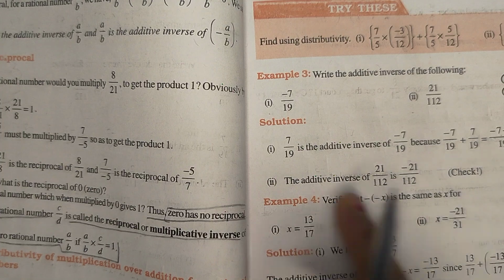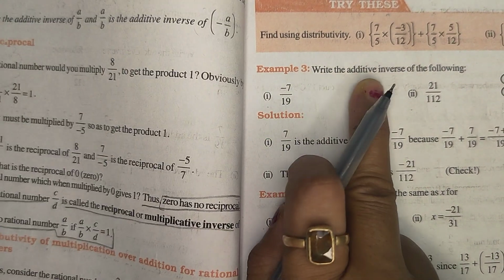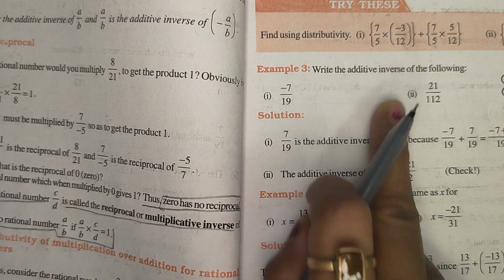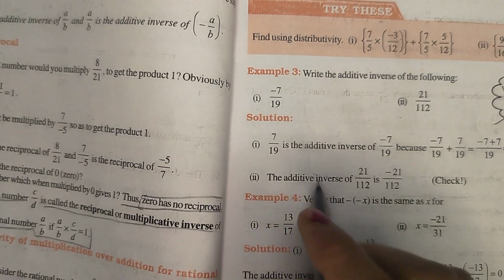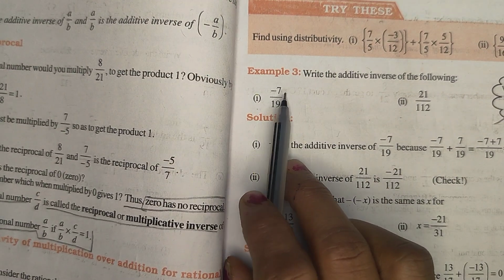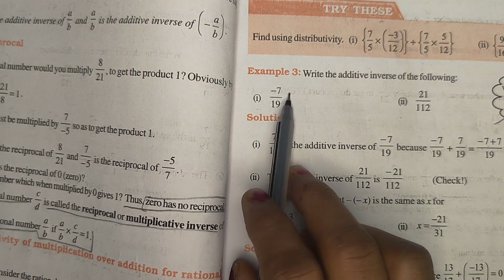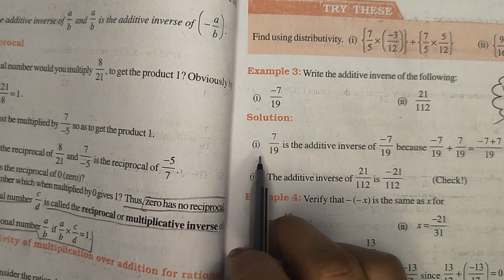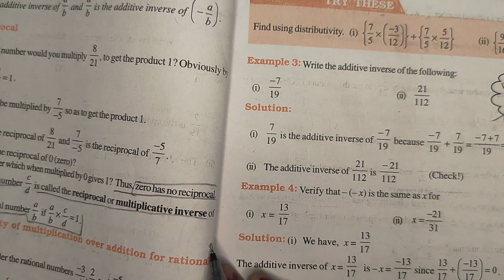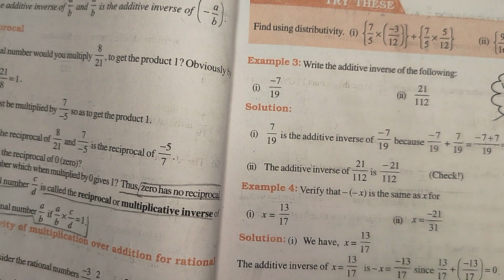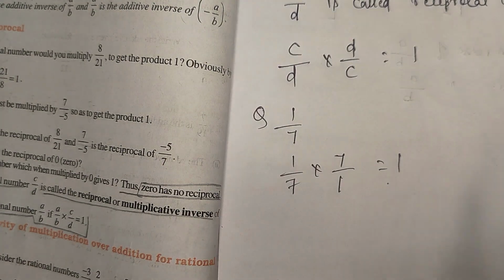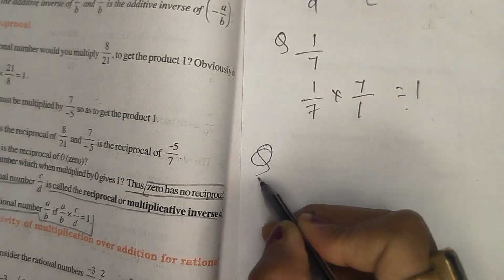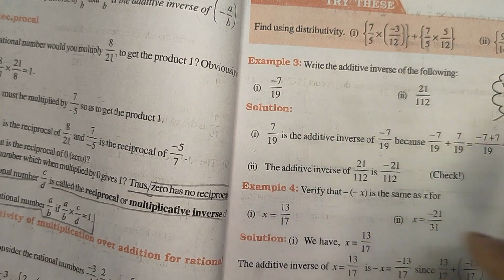You can see some questions here. Additive inverse. What is the additive inverse of minus 7 by 19? The question is given as negative, so you convert it to positive.